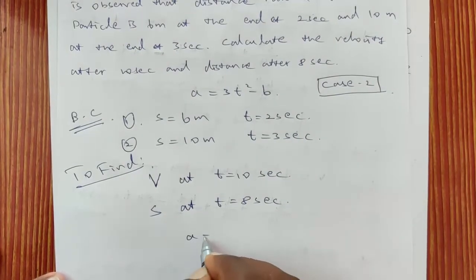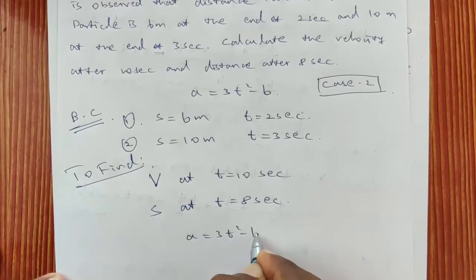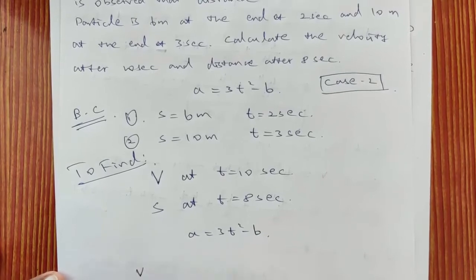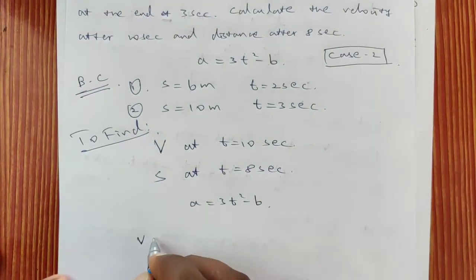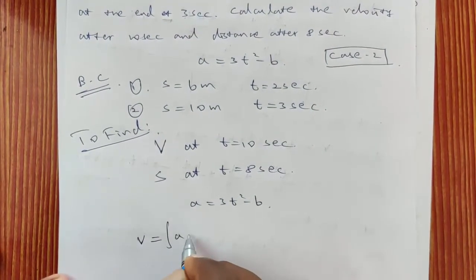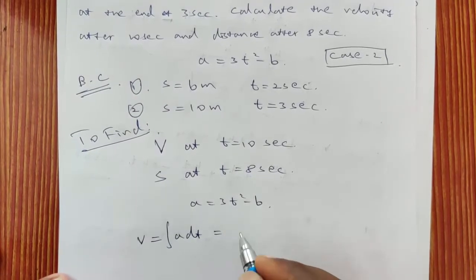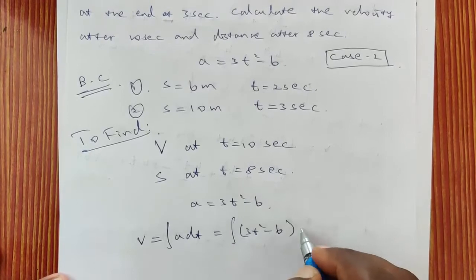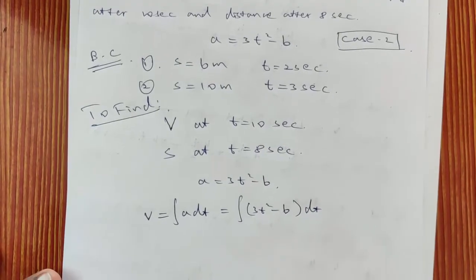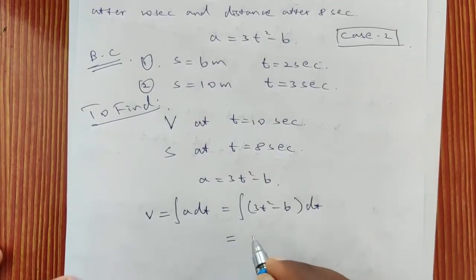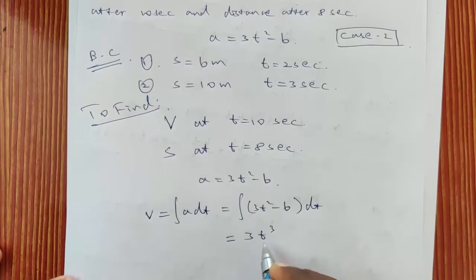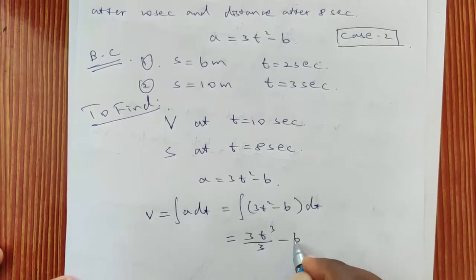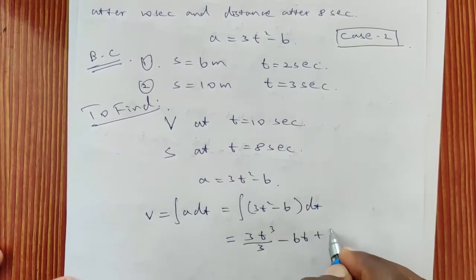So a is equal to 3t square minus 6. If we want velocity, we have to integrate this. So v is equal to integral of a dt, that is equal to integral of 3t square minus 6 dt. So if you integrate this, you will get 3t cube by 3 minus 6t plus c1.